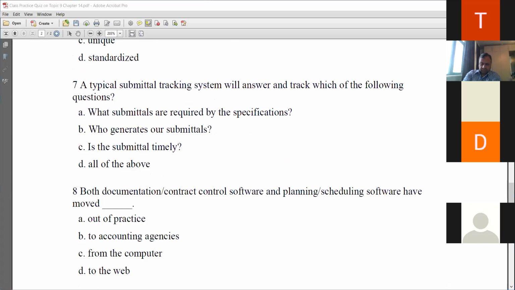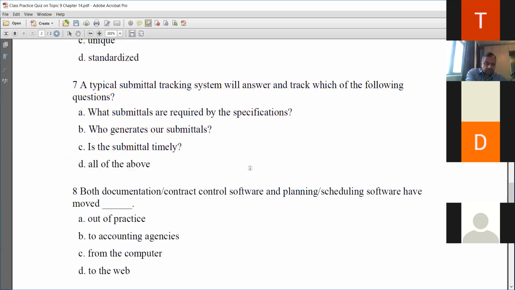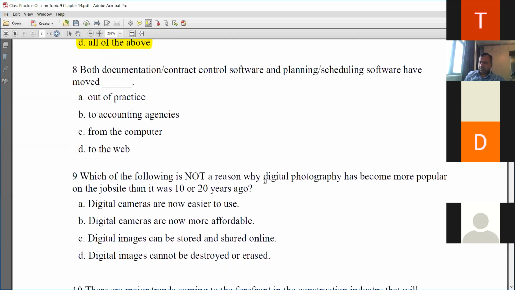Okay, yes, a submittal tracking system should be all of the above. So number 8: both documentation or contract control software and planning and scheduling software have moved to the web. Yes, the trend is for moving this software to the web.